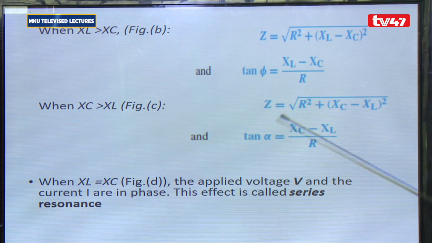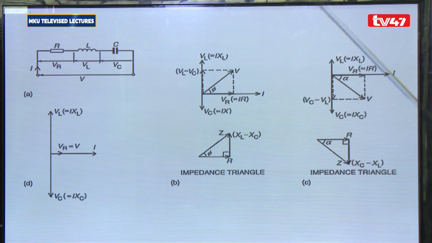So the second scenario is what is shown in figure C, whereby VC is greater than VL, and then you get this. So when VC is greater than VL, you are going to have a lagging power factor, because it means the capacitor is the one which is more.